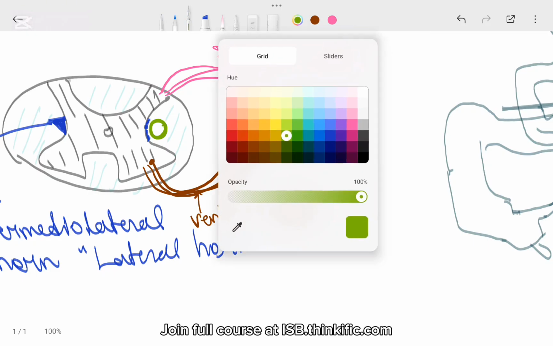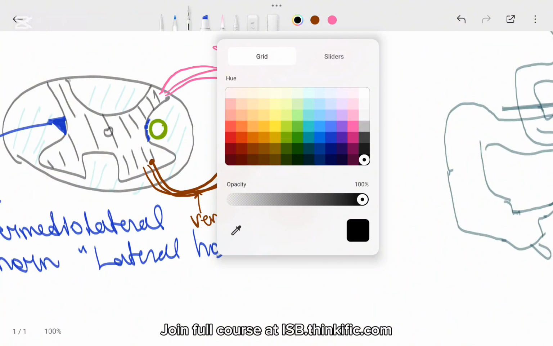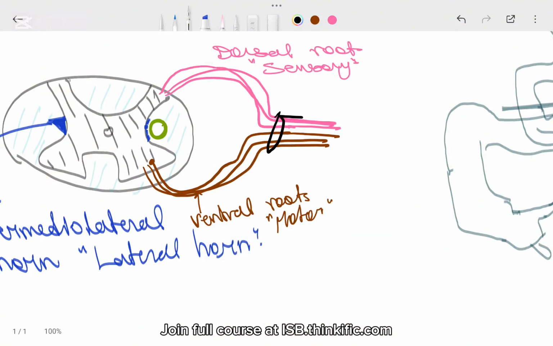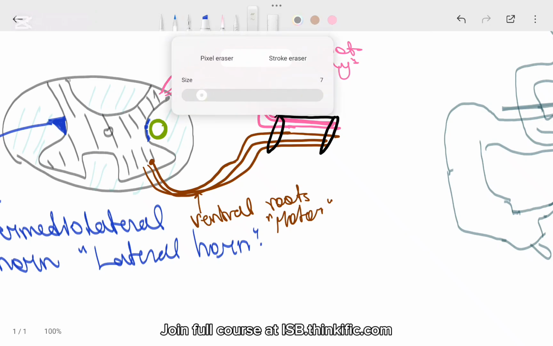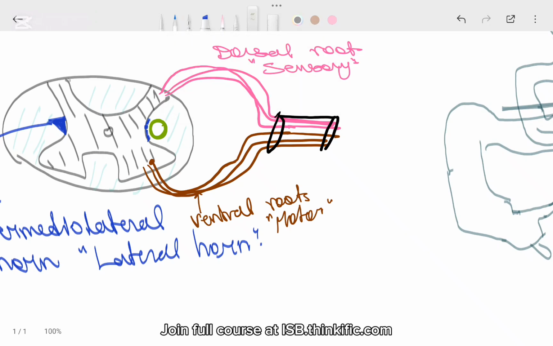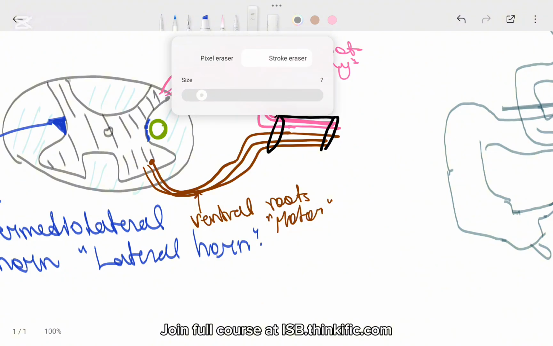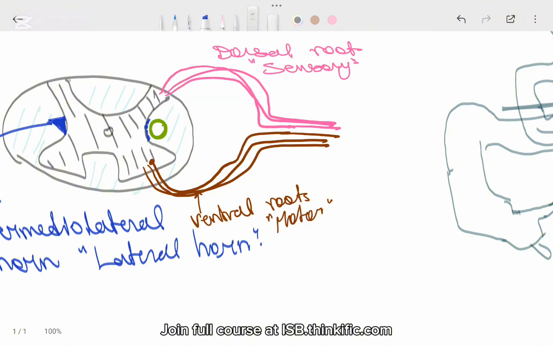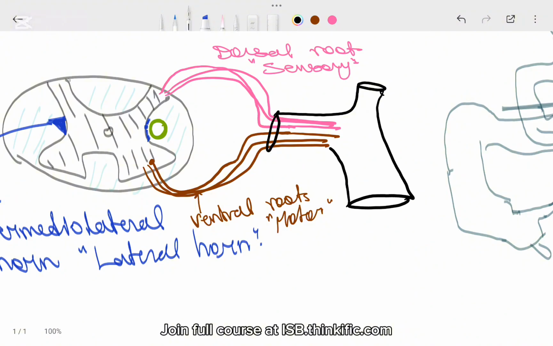Now, after the spinal nerve emerges from the intervertebral foramen, it will split into two rami. It's very important to know the difference: a small dorsal ramus and a much bigger ventral ramus, or anterior ramus.